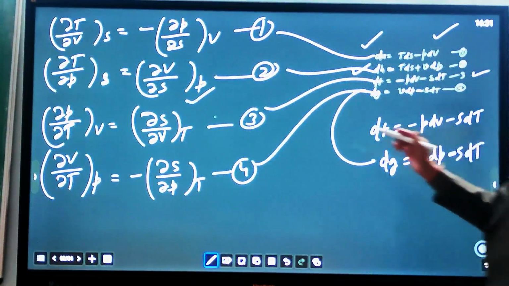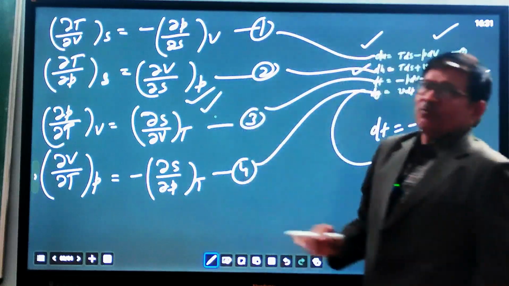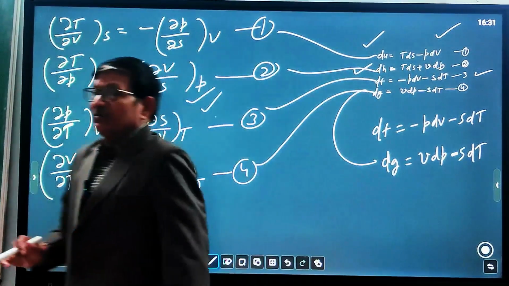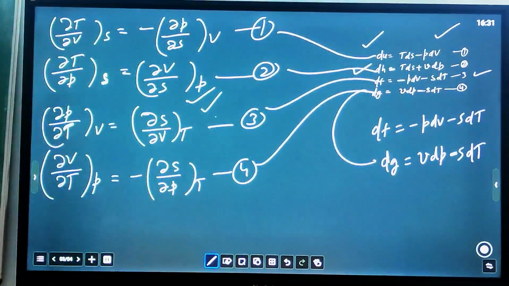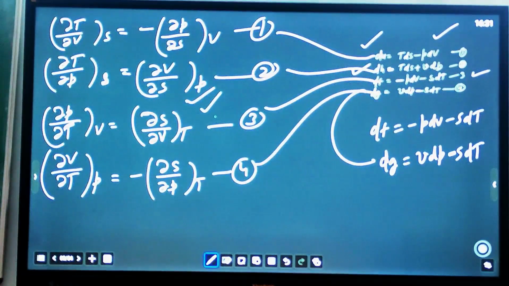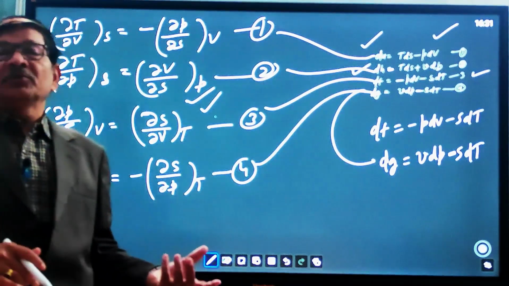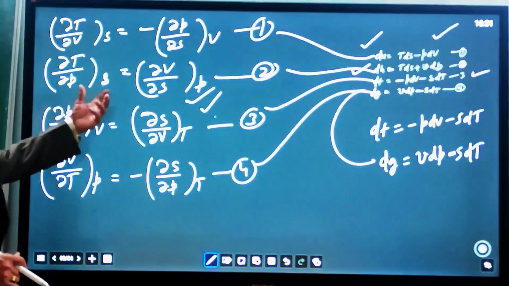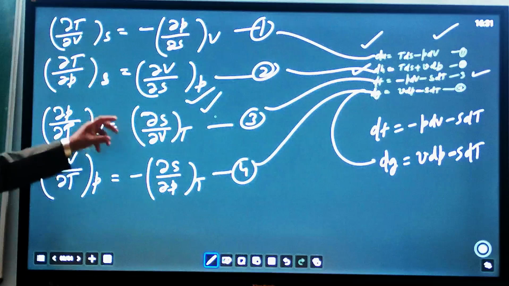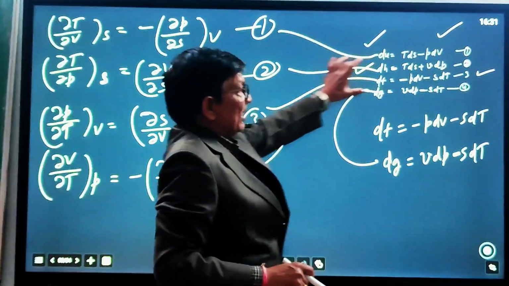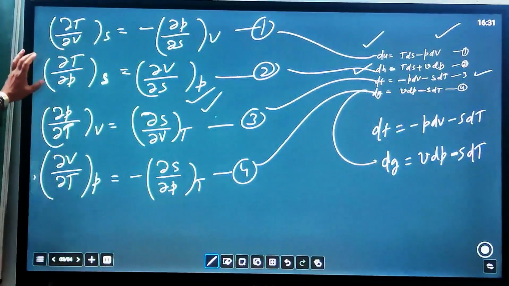These four equations are very important in many competitive examinations, in civil service examinations, IES, Indian Engineering Service examinations, even in the GATE examination. Sometimes alternative questions come, because a lot of manipulation is there. If you remember these four relations, then you can derive these four equations.